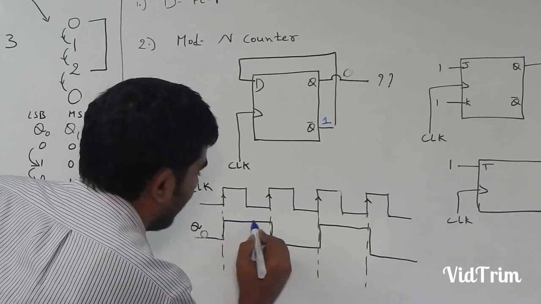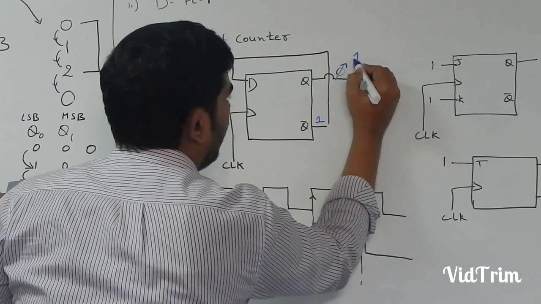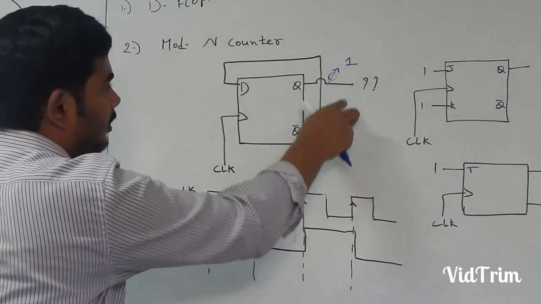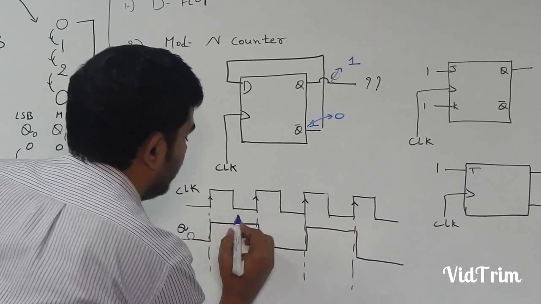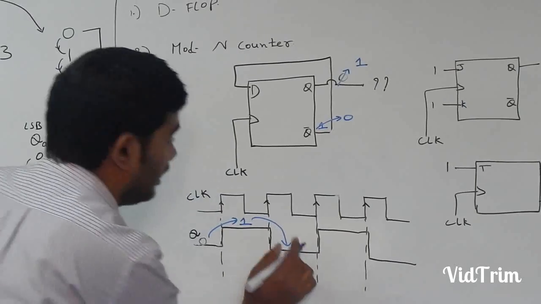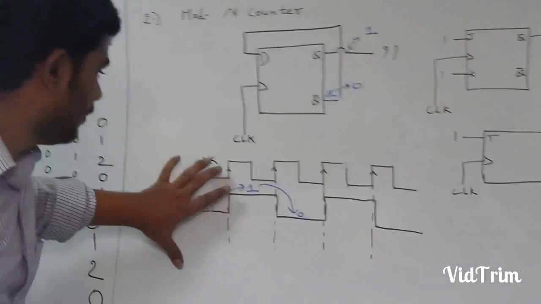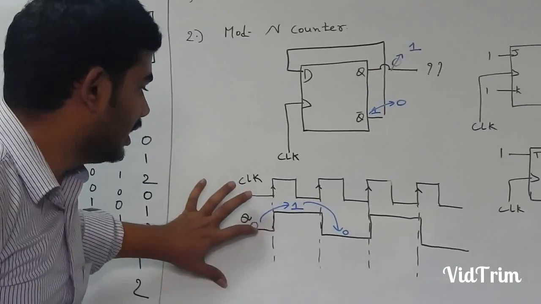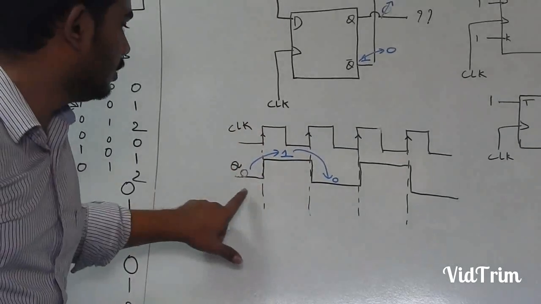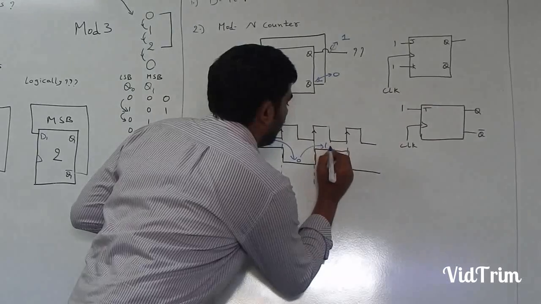So 1 is captured, and 0 will be changed to 1, and 1 will be changed to 0. And the next clock pulse we are sending 0. So this 1 will become 0 again. See, I am capturing output only. So by this what you can understand is every clock pulse the previous state is toggled, in the sense complemented. So 0 is changed to 1, 1 is changed to 0, 0 is changed to 1, and so on and so forth.